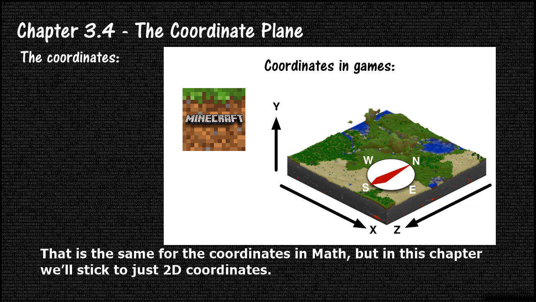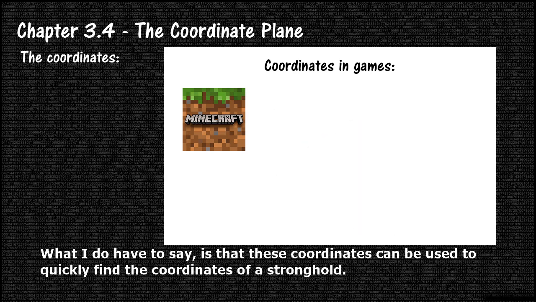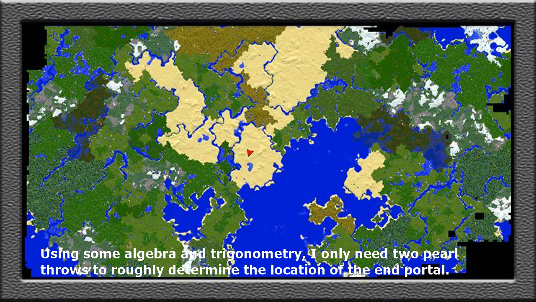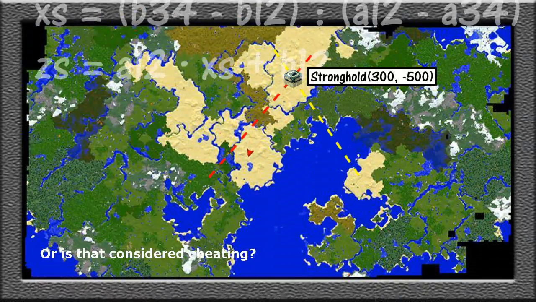That is the same for the coordinates in math, but in this chapter we'll stick to just 2D coordinates. What I do have to say is that these coordinates can be used to quickly find the coordinates of a stronghold. Using some algebra and trigonometry, I only need two eye of ender throws to roughly determine the location of an end portal. Or is that considered cheating?